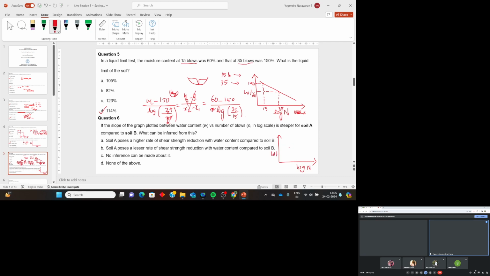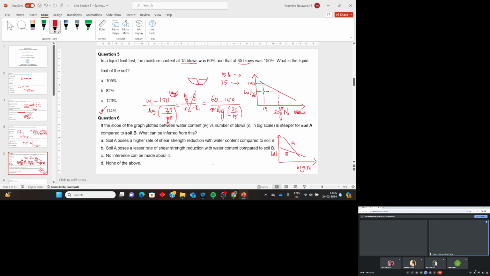Now what they are saying is there are two soils for which the graph for soil A is steeper than soil B. So this is A and this is B. Now let us take two situations for both the soils.